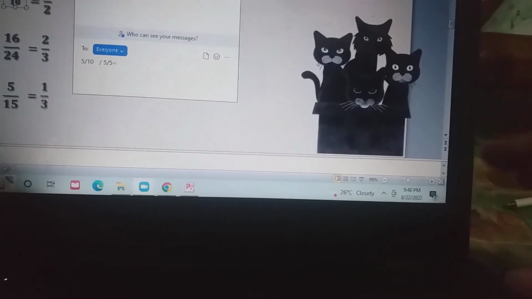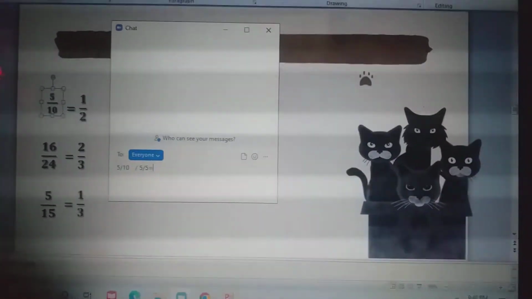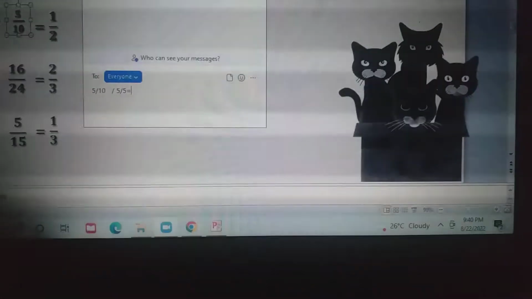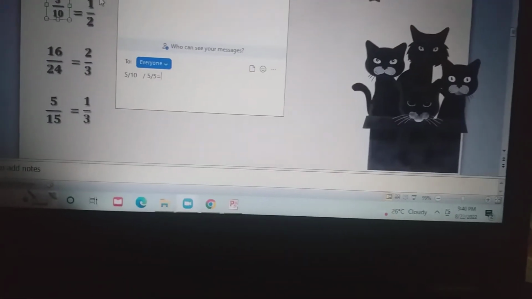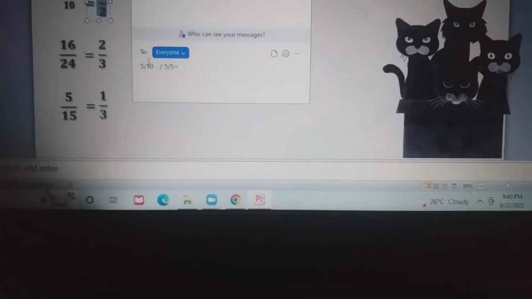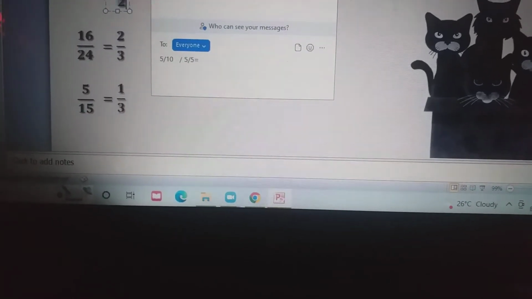So, si GCF or the greatest common factor ang siyang nagre-reduce or nag-simplify ng fractions into lowest term. Okay? So, ayan siya. So, 5 divided by 5, of course, it is equal to 1. Okay? Ayan siya. Hinighlight ko po. Then, 10 divided by 5, you have 2. So, this is now the lowest term.